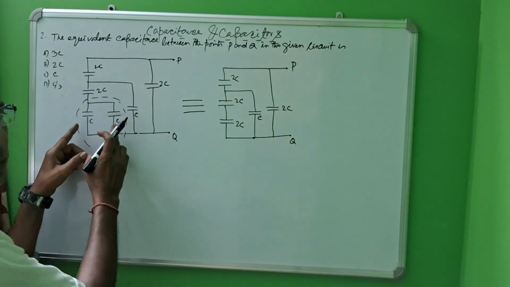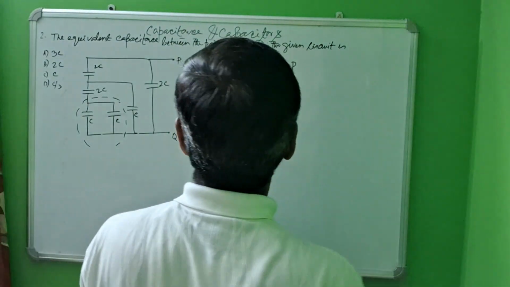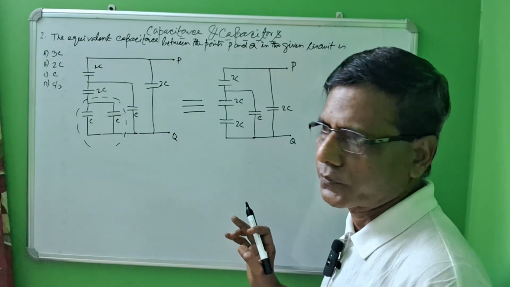So the resultant of these two C's we get as twice C.